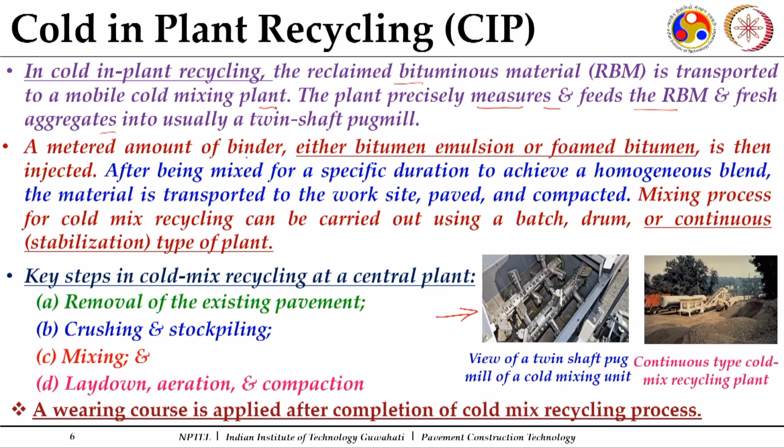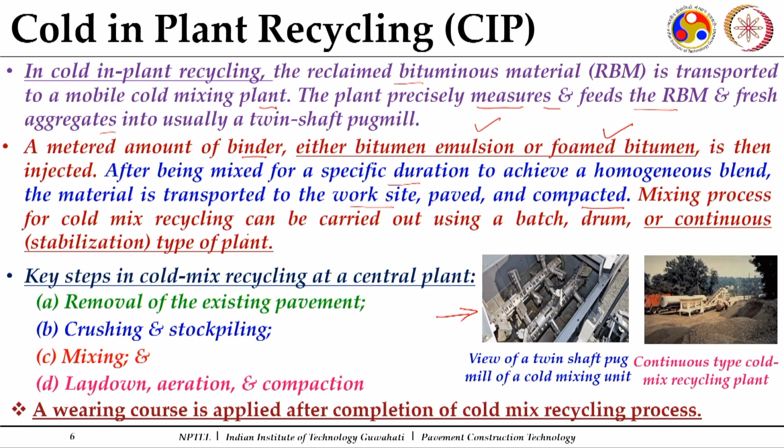So, an important aspect in this is a metered amount of either bitumen emulsion or foamed bitumen, these two common recycling agents, whichever is preferred, which is then injected in this. After being mixed for a specific duration to achieve a homogeneous blend, the material is transported to the work site, paved and compacted, as we do in case of hot mix asphalt also.